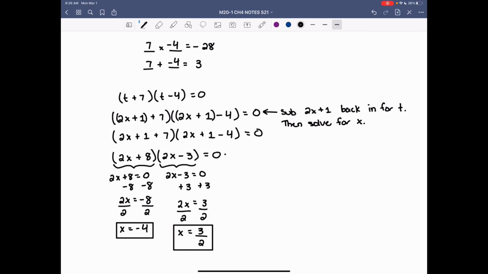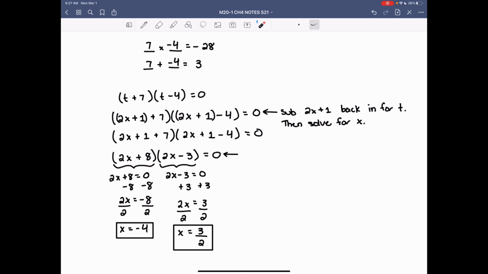A note here, if we want fully factored form, because sometimes a question will just say to fully factor something, and other times it says, what are the solutions? So if it says to fully factor, we're not going to do this part, okay? That's if it says find the x-intercepts, the roots, the zeros, or the solutions.